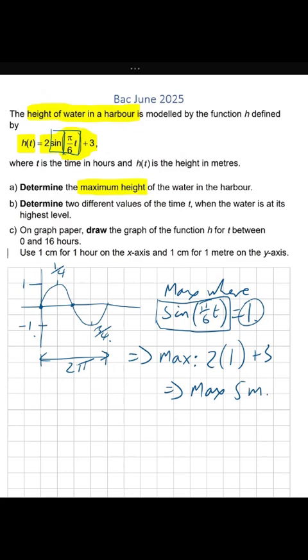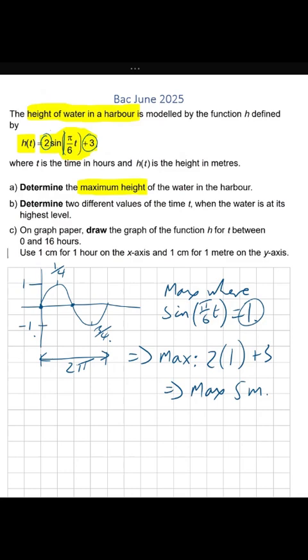There's only one point going for that question, and you should be able to get through it quite quickly in that way. If you have any kind of a sense of how these periodic functions work, you will know that the bit in here will only ever go on the y-axis from -1 to 1, and it's this 2 here and this plus 3 that's going to change things.